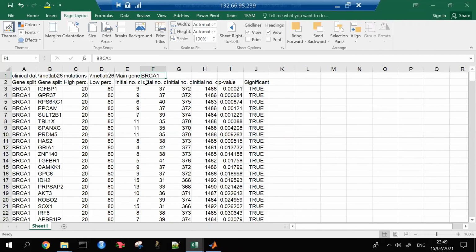That's something that I fixed in my code. It's not that important. The significance is taken according to whether the p-value is lower than 0.005.